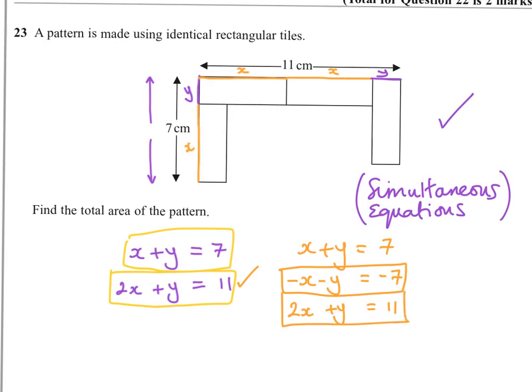And then what I'm going to do is add these elements together, i.e. the left-hand sides together, and then add the right-hand sides together as well.